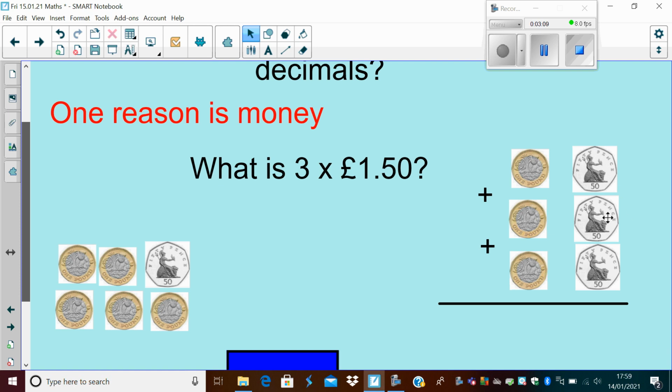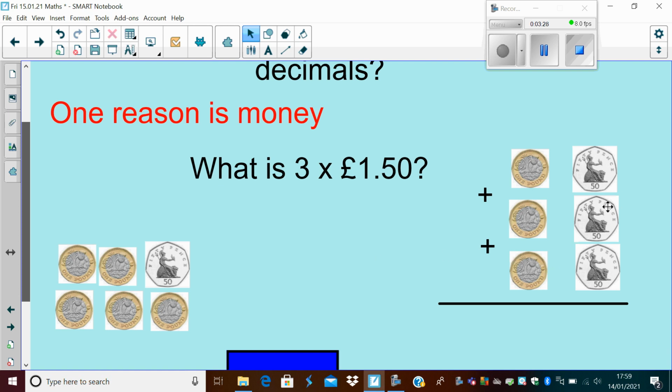So how many 50p's? We've got 3 50p's here, but we can't have 3 50p's in the 50p column. So how many pounds, how many 50p's does it take to make £1? Of course, it's 2.